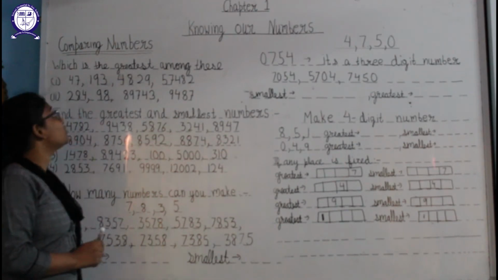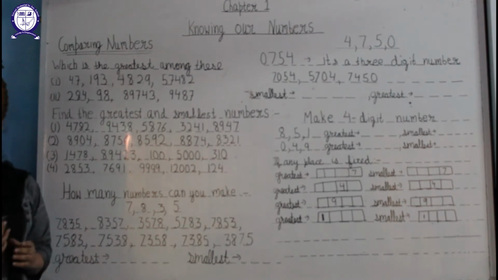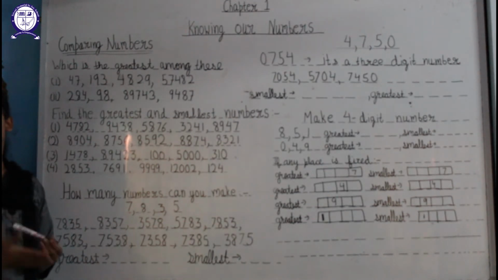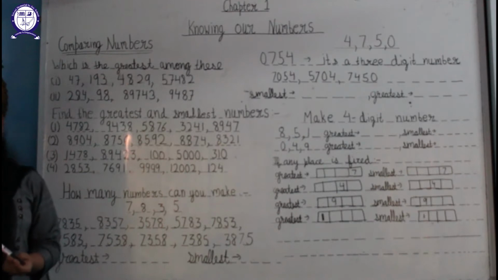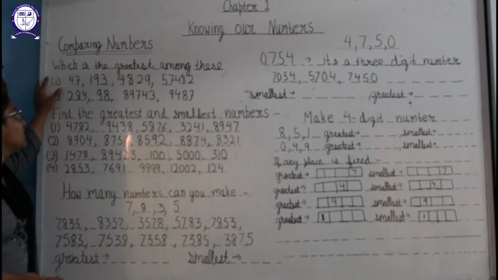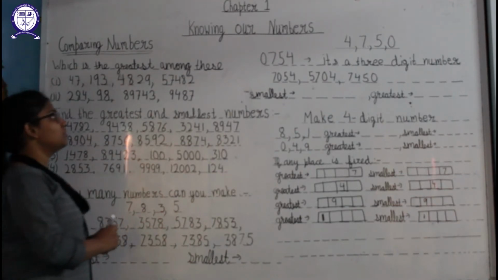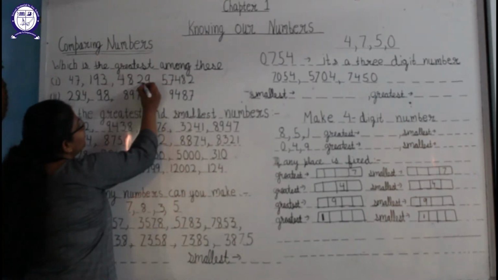First of all, we should know how to compare numbers. We can compare numbers by telling that this number is greater and this number is smaller. So first, we will tell which is the greatest among the following given numbers. In your first part, you can see 47, 193, 4,829 and 57,482.